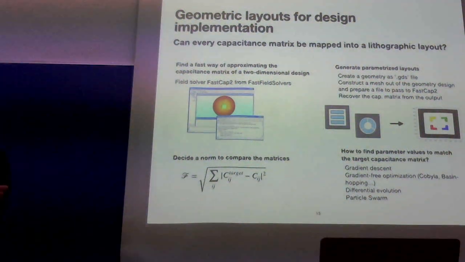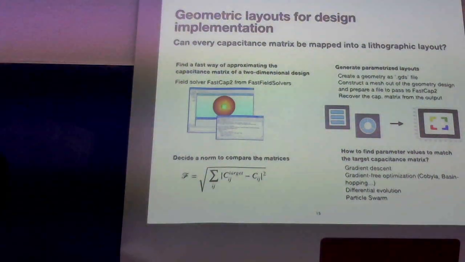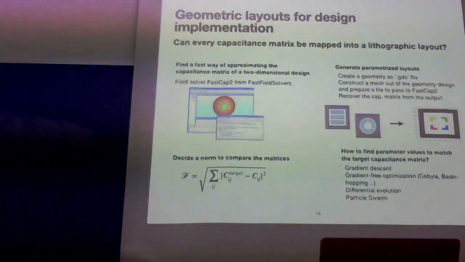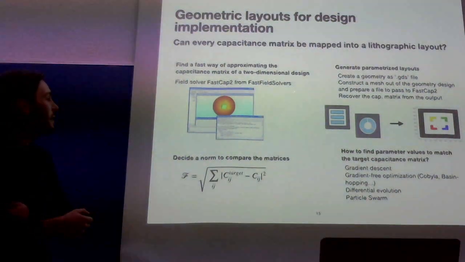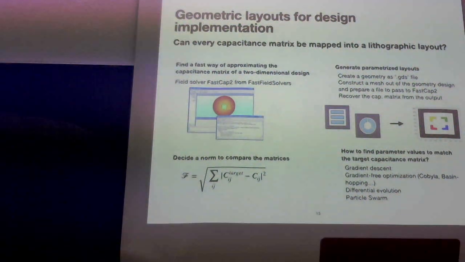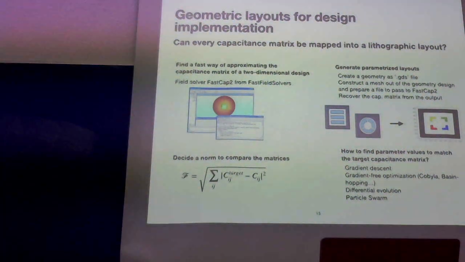So essentially, the most important aspect of our circuit is whether we can make the capacitance matrix, the capacitive relation between the islands, possible in an experiment. So for that, first we looked for a fast way to compute this capacitance matrix out of geometric designs.